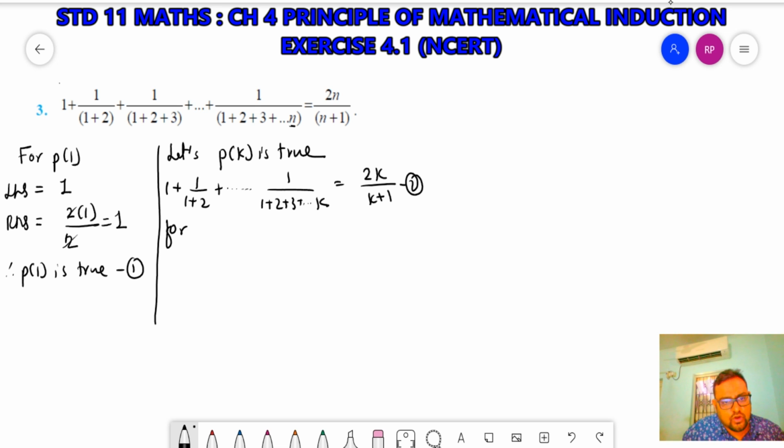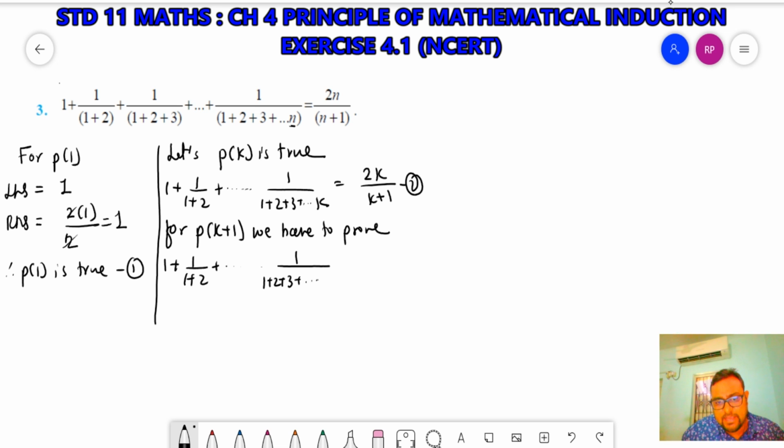Now, for P of k plus 1, we have to prove 1 plus 1 upon 1 plus 2 up to 1 plus 2 plus 3 up to, instead of n I will put k plus 1, that is equal to 2n.